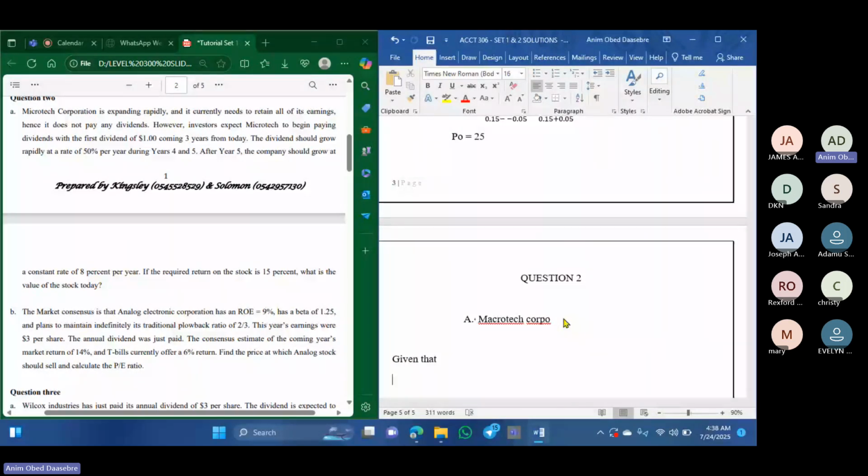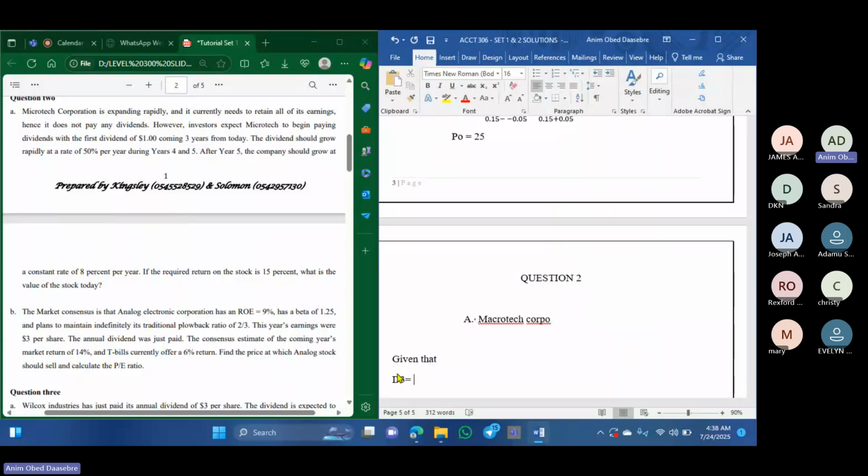The dividend started in year 3. Year 1 and year 2 dividends are 0.